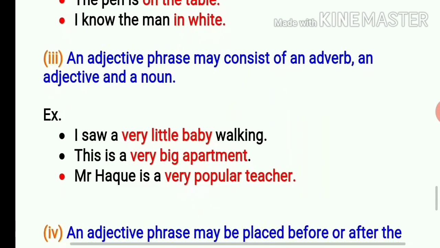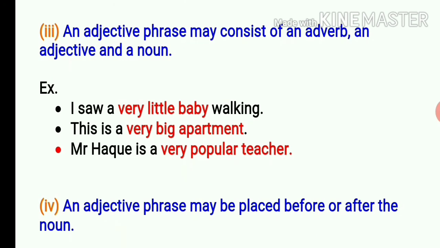Then the third rule. What does the third rule say? An adjective phrase may consist of an adverb, an adjective, and a noun. Some examples here. The first one, I saw a very little baby walking.